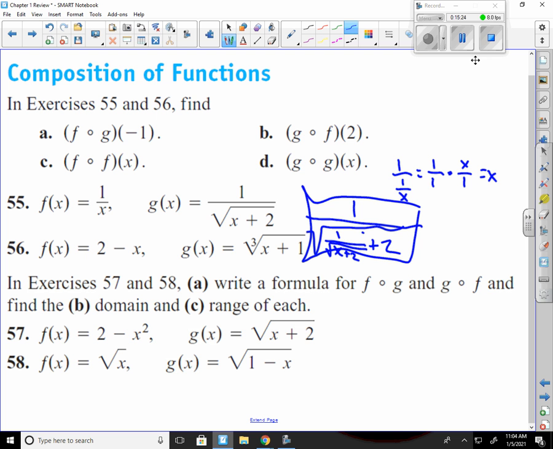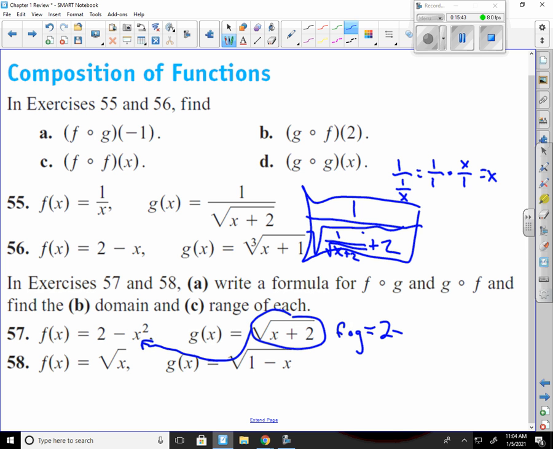Last type is write a formula for f of g and g of f. So whenever I do this, if I'm doing f of g, it means I take this whole thing and put it in everywhere I see an x.